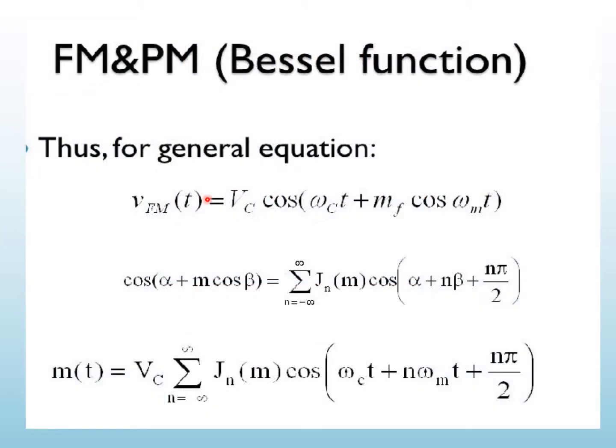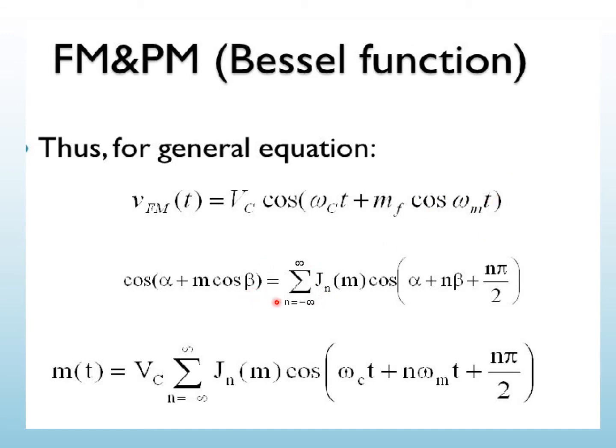You can see Vfm of t. This is your frequency modulated voltage, which has a carrier amplitude times cos of omega ct plus m_f times cos of omega mt. Here, omega ct is taken as alpha, and omega mt is taken as beta.